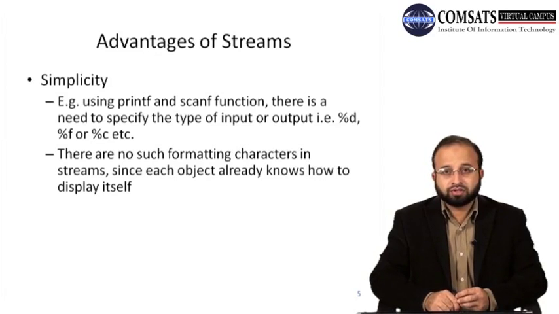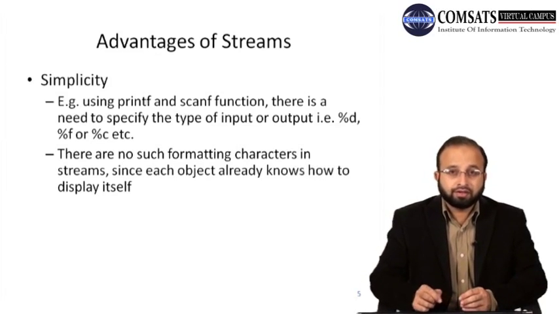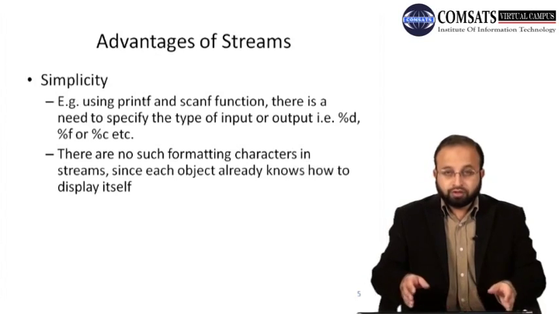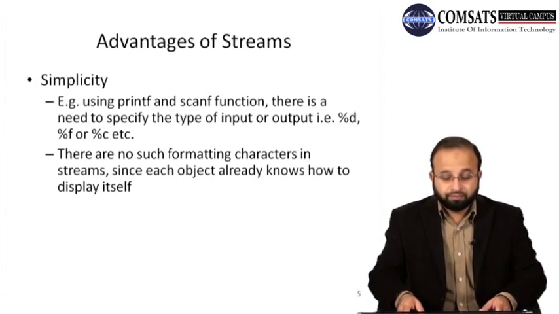And similarly, in the cout statement, we just write a stream insertion operator and the name of the variable, right? So this means that value of that variable must be inserted on cout, on the ostream, using a cout object, right? So there is no need to specify the type of the input or type of the variable if we are going to take input from the user or we want to display some value on the screen.